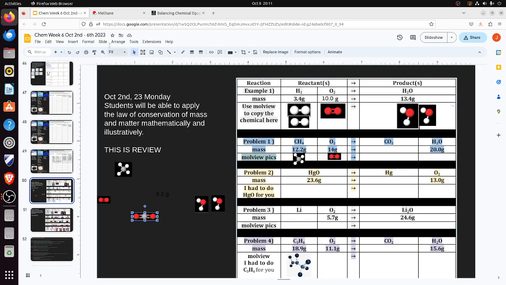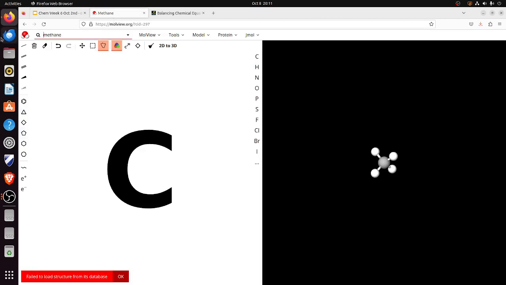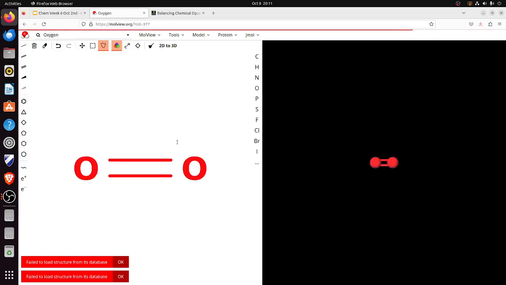Here's a carbon dioxide, which again, if you go to molview.org to make these, you can just type in oxygen. That's definitely not oxygen. Oxygen. There we go. There's our oxygen.